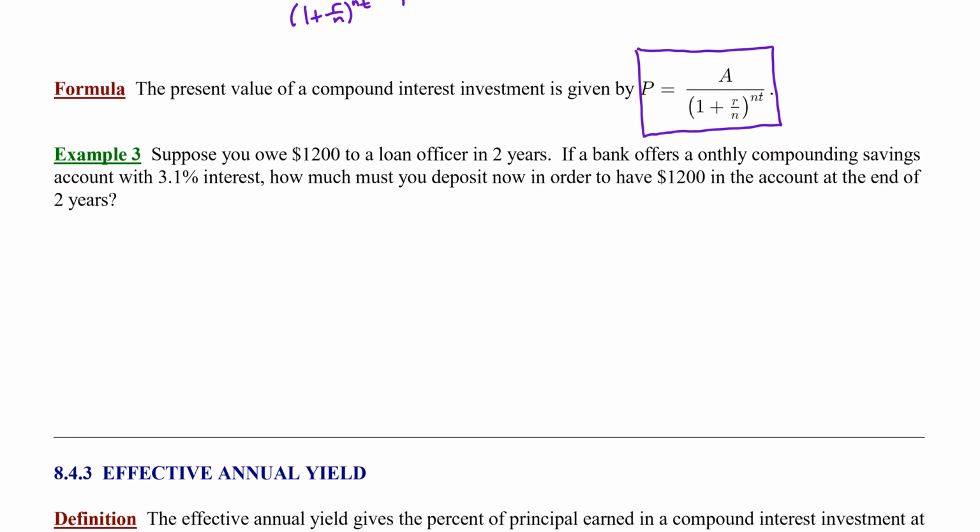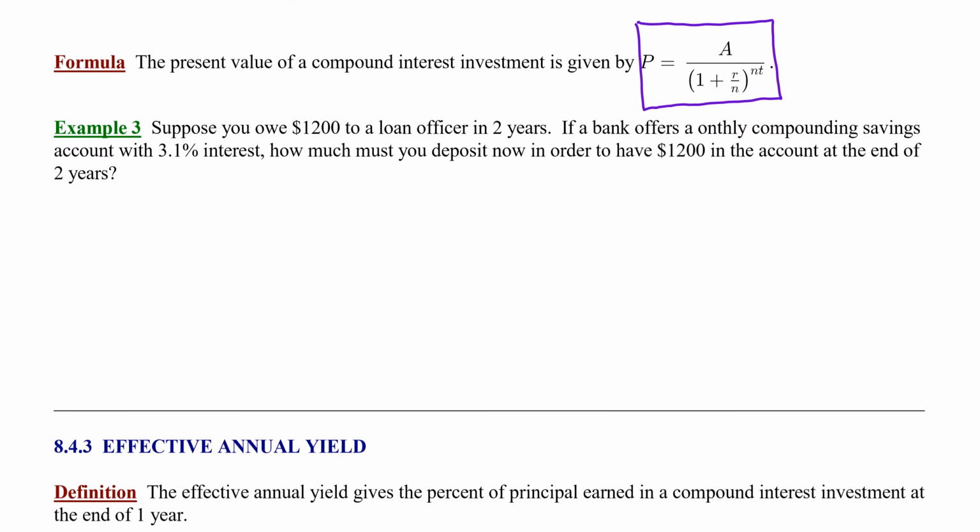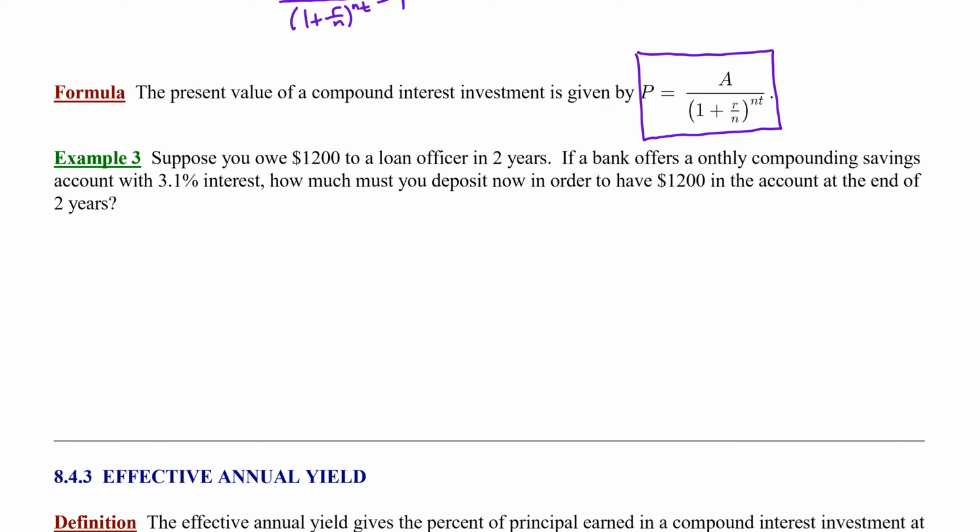Let's try an example. Suppose that you owe $1,200 to a loan officer in 2 years. So you've got a debt, you know you're going to have to pay it in 2 years. If a bank offers a monthly compounding savings account with 3.1% interest, how much must you deposit now in order to have $1,200 in the account at the end of 2 years?